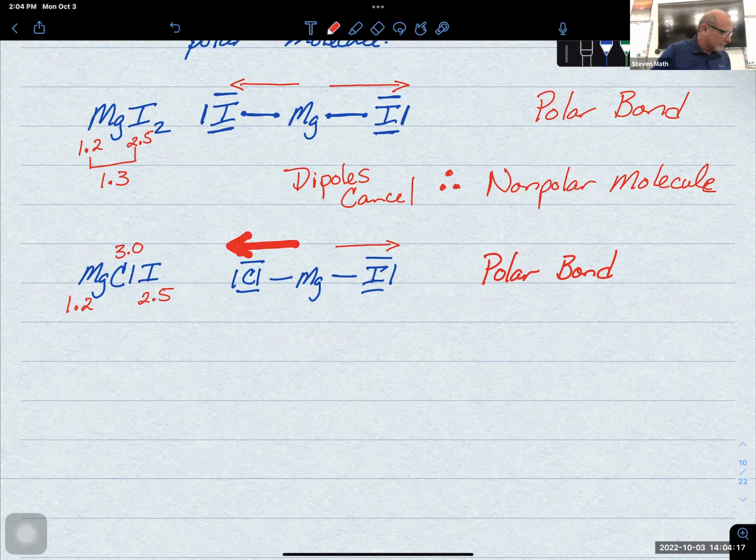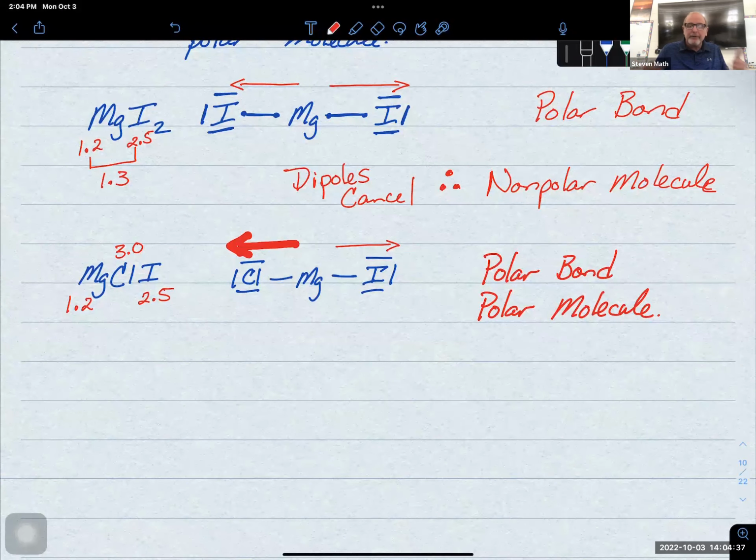But if not, then I look at this and I go, well, we also have a polar molecule. And that's what's going on. This is asymmetrical. This is going to be polar. Symmetrical molecules are nonpolar. Asymmetrical molecules are polar.